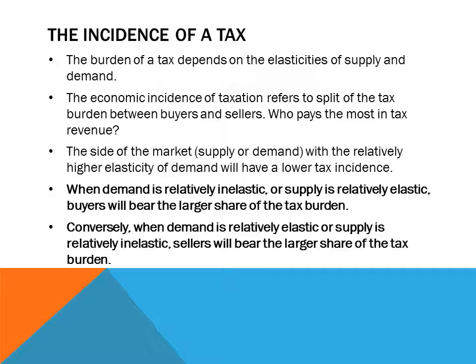One way to think about this is the party with the more inelastic curve is least able to avoid the tax. However, the sellers or the buyers with more elastic properties will be able to substitute away from the good and avoid the tax.